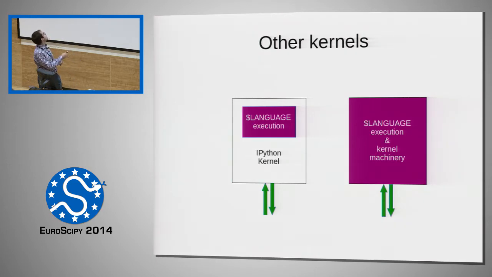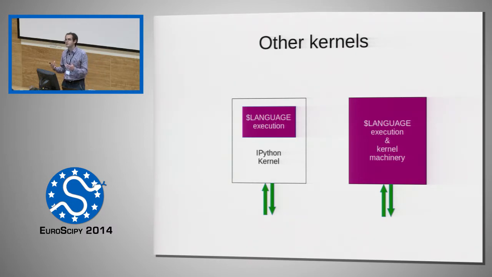What we've now made possible is that you can reuse our kernel machinery, our communications infrastructure, just subclass a kernel class and define methods for things like execution. So you don't have to worry about all of the semantics of the messages and things. You just need to have a way of driving your language from Python code.